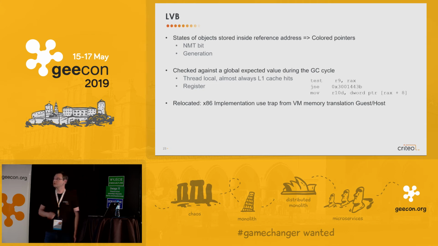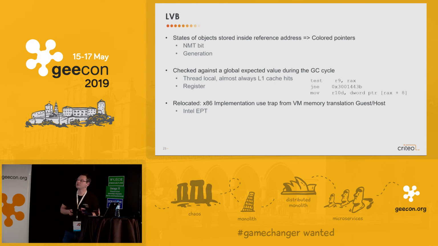For relocation, the x86 implementation uses a trap from the VM memory translation, guest to host. It's a feature from the CPU vendors that was introduced about a decade ago for dealing with virtualization.